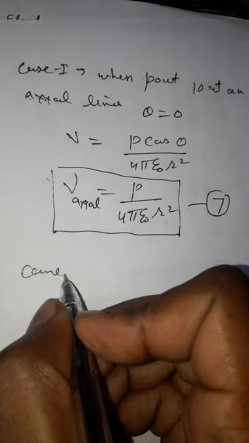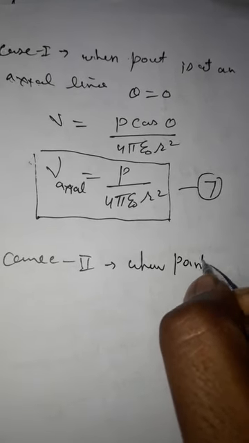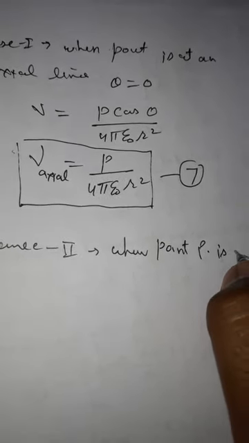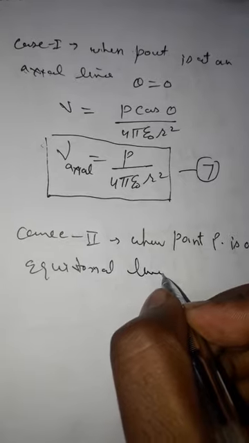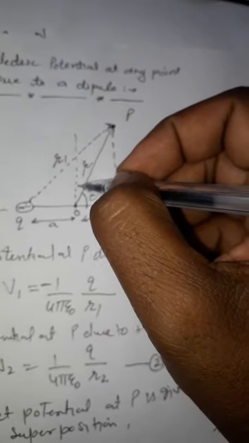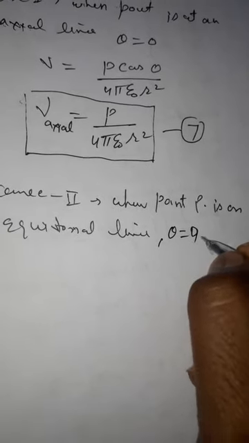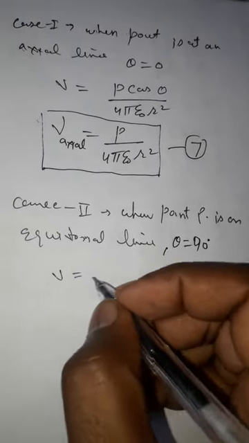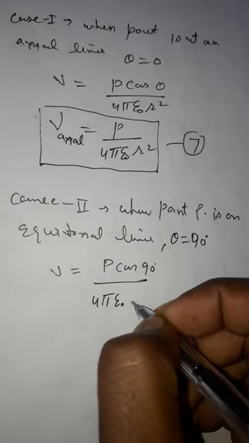Now the second case is when point P is on the equatorial line, that is, when the point lies on this line, the angle theta becomes 90 degrees. So potential is equal to p cos 90 upon 4 pi epsilon naught r square.